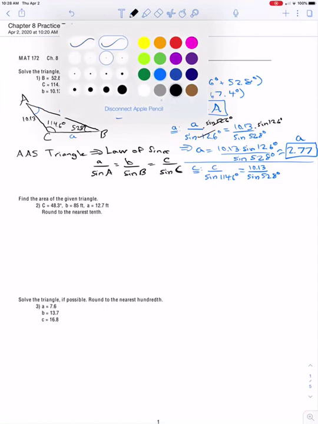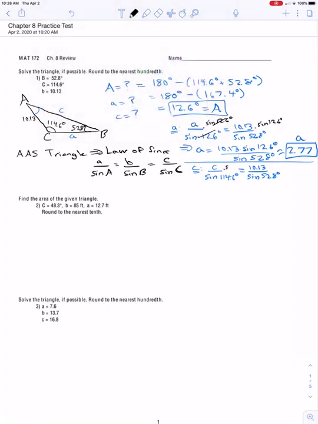So we're solving that. We can go ahead and multiply both sides by the sine of 14.6 degrees to clear that out. And as we do that, we get C equal to 10.13 times the sine of 14.6 degrees divided by the sine of 52.8 degrees.